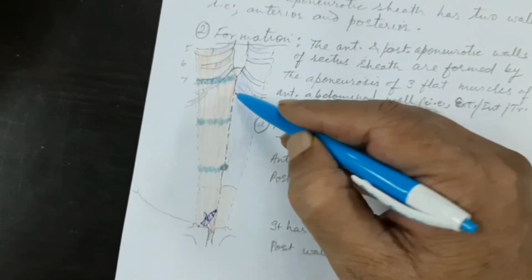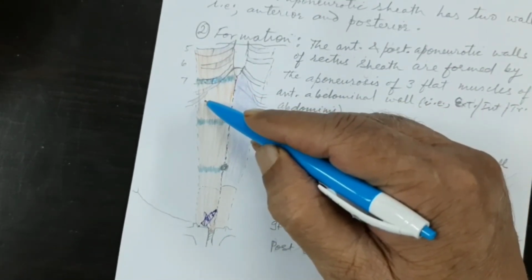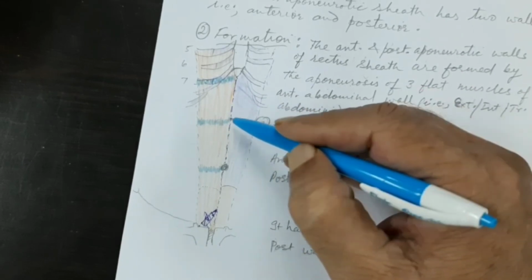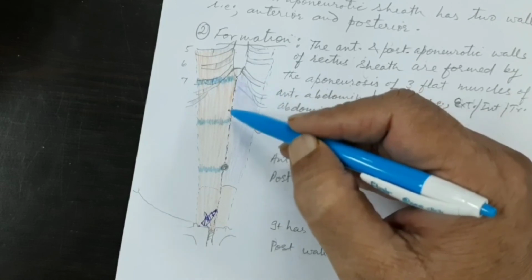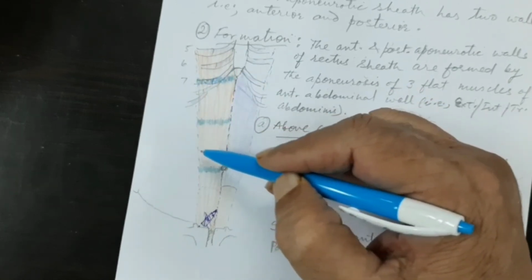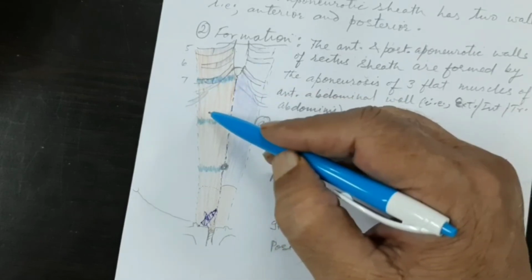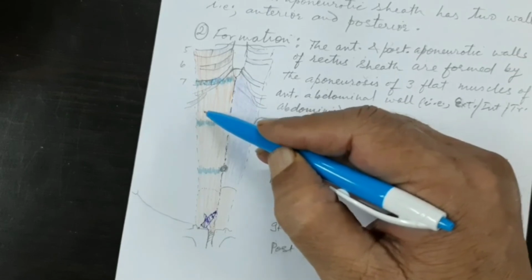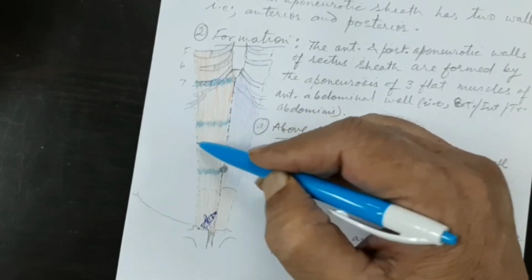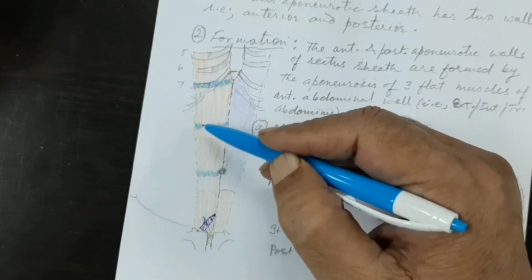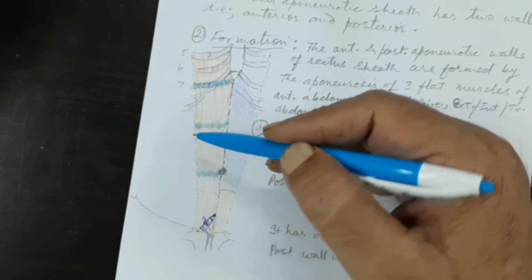On either side are the right and left rectus sheath and rectus abdominis muscle. The intercostal and subcostal nerves come into the rectus sheath from the lateral side. Similarly, the arteries come in.